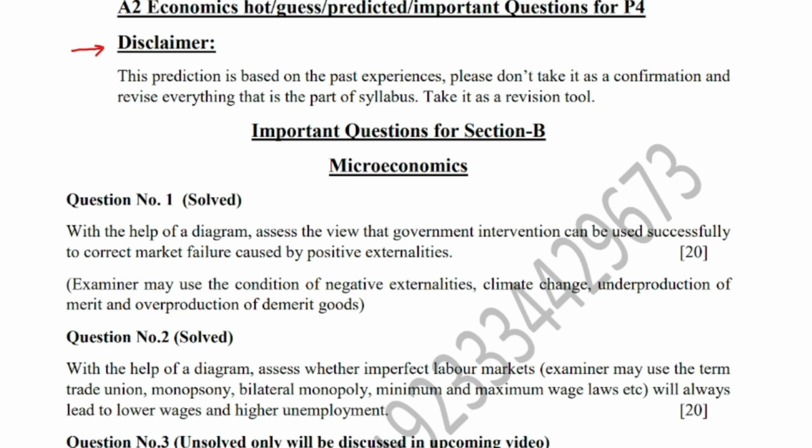However, if the examiner uses the word negative externalities or climate change or demerit goods, then you will have to use the government policies of indirect taxes, pollution permits and nudge theory as well, right? So this is how you can just change the same government intervention policies in different conditions.